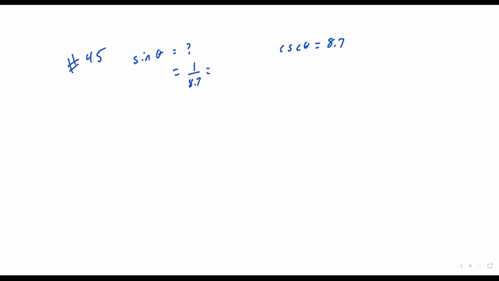So when you type that in the calculator, 1 divided by 8.7, you actually get how many decimals? 4.1149. And you just simply take that and you plug it into a regular 4-function calculator or your Inspire or however you need to write it out. Okay? So that's all you got to remember. Cosecant being the inverse just becomes 1 over that.